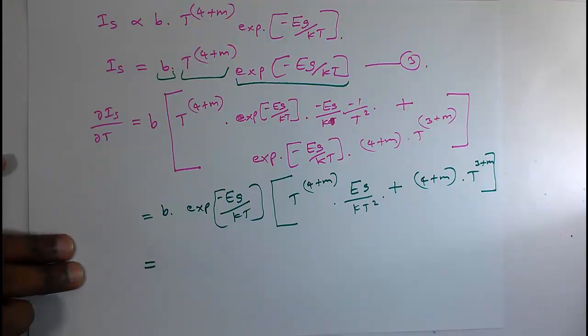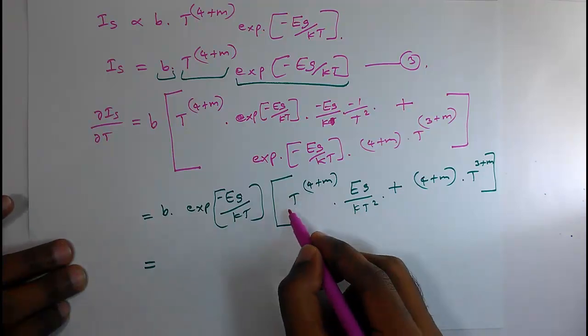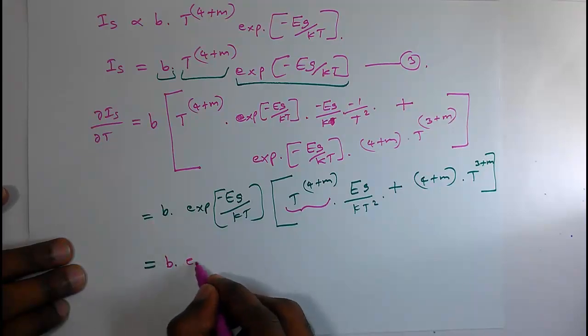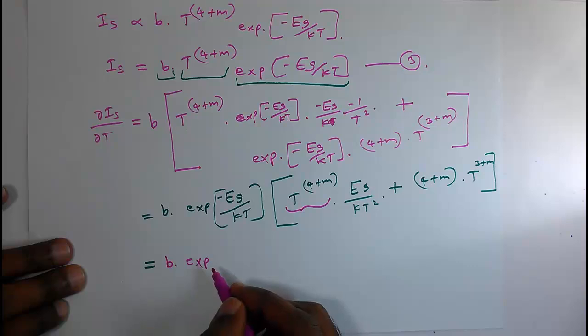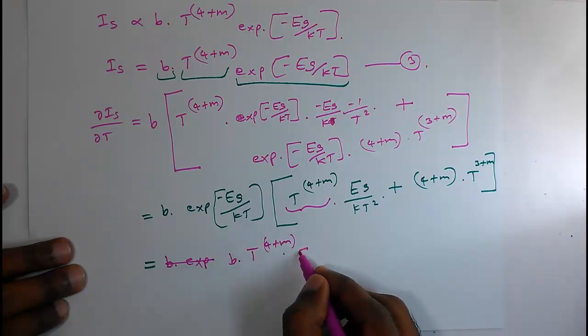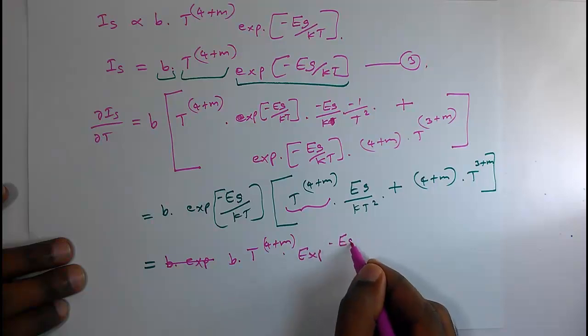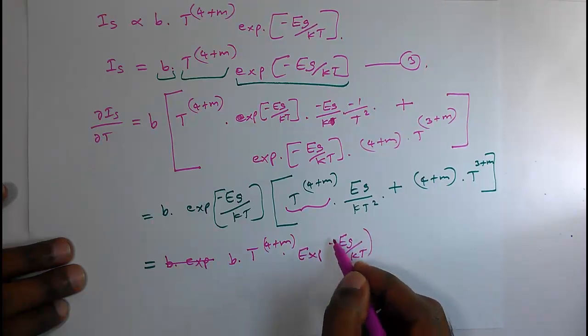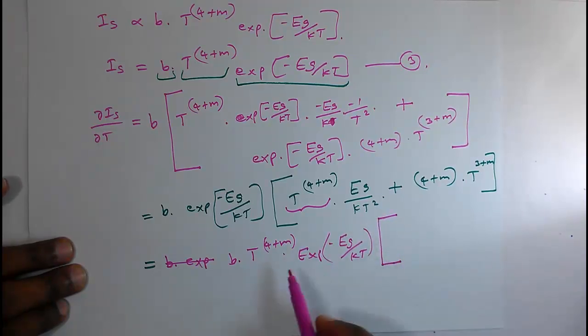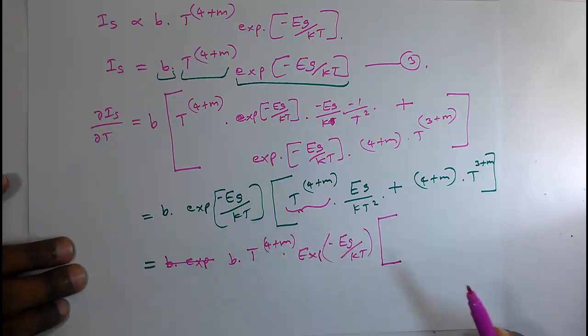Now I want to take one more term outside. So B into T to the power 4 plus m into exponential minus Eg by kT, multiplied by, so I took this term outside for a purpose.